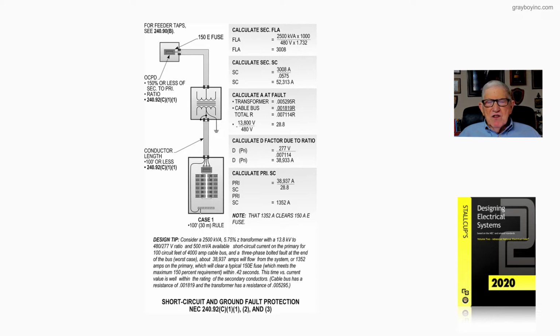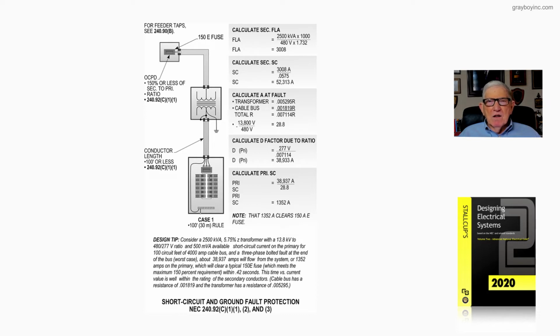And then the resistance of the secondary side of your conductors, as outlined in the design tip, you have a resistance of 0.001819, another resistance of 0.005295.